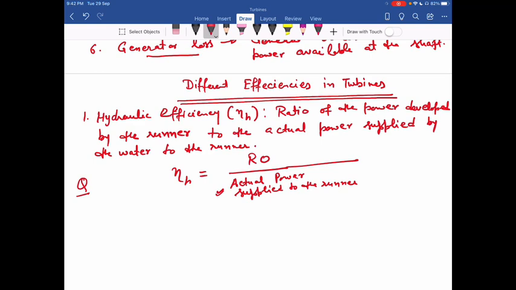Say out of this Q, small q is the leakage loss, so Q minus q is the amount of water striking the runner. Say H is the net head.